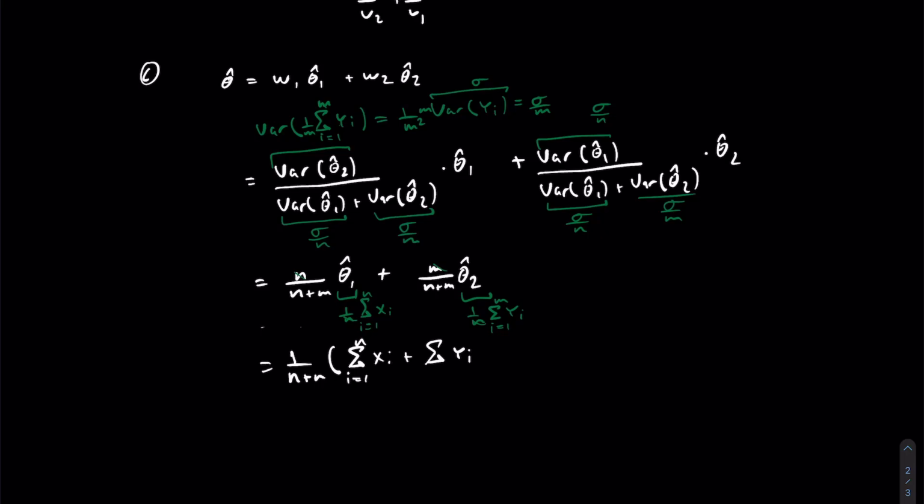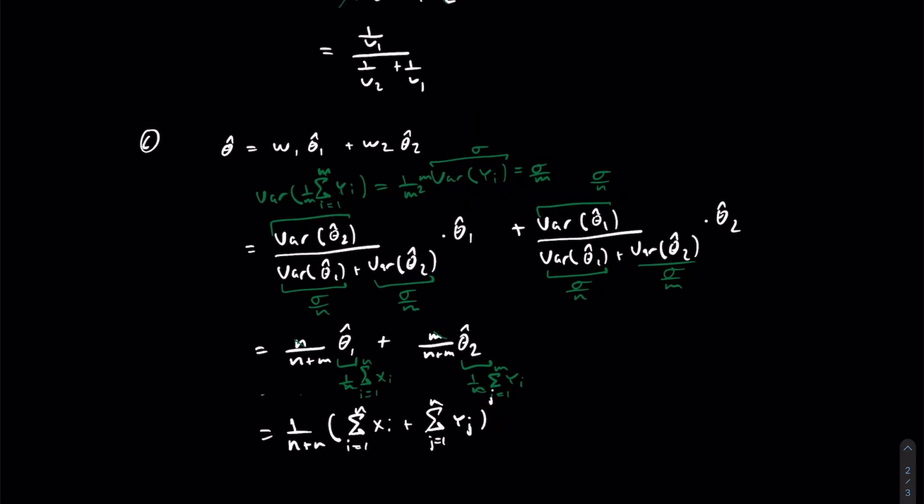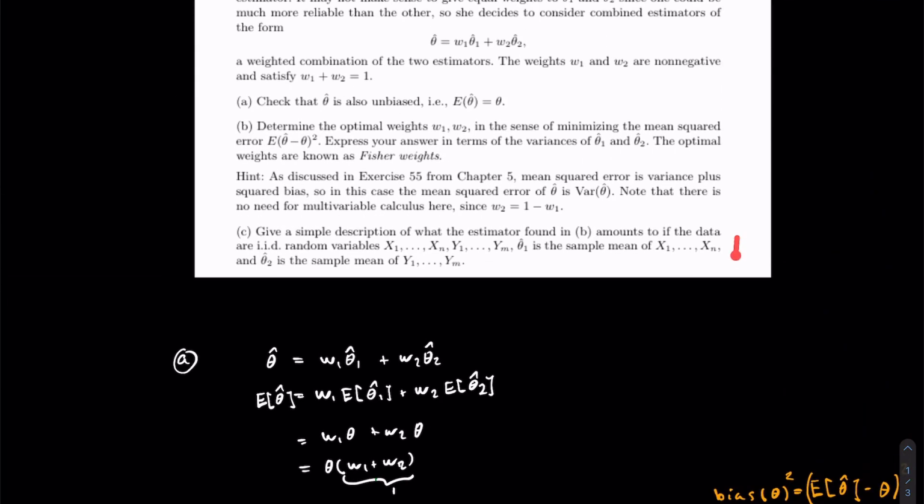We should actually use different indices here, so let's call this j, going from j equals 1 to m. And so we have related the weights and the estimator to the data at hand, how it basically crystallizes. And that is the sample mean. We have shown how to basically find that estimator, minimize it, and then also characterize it in terms of the data.